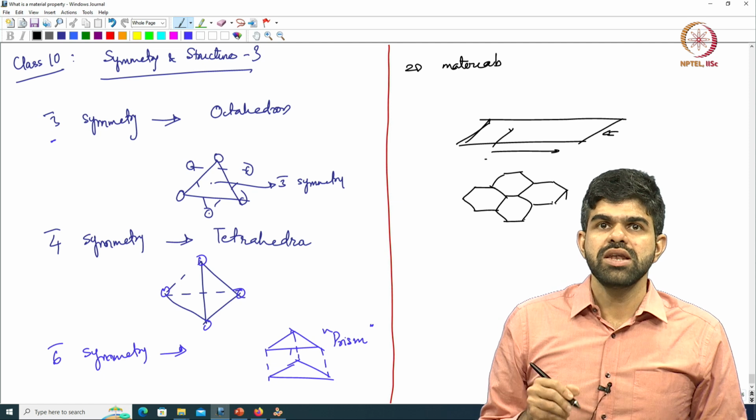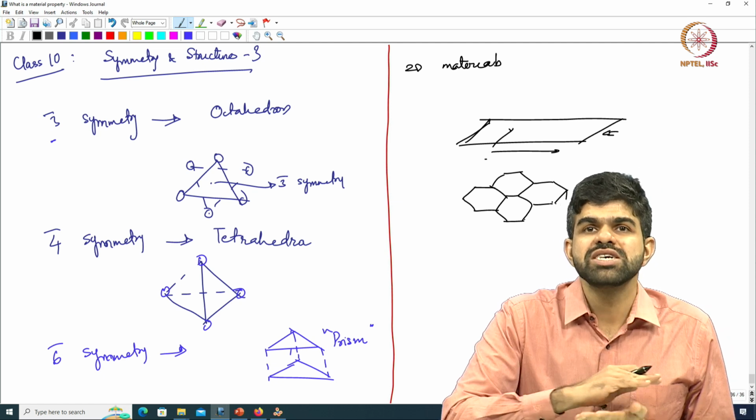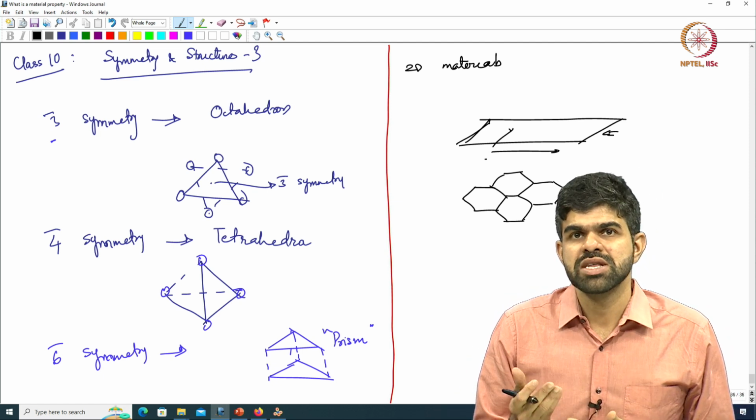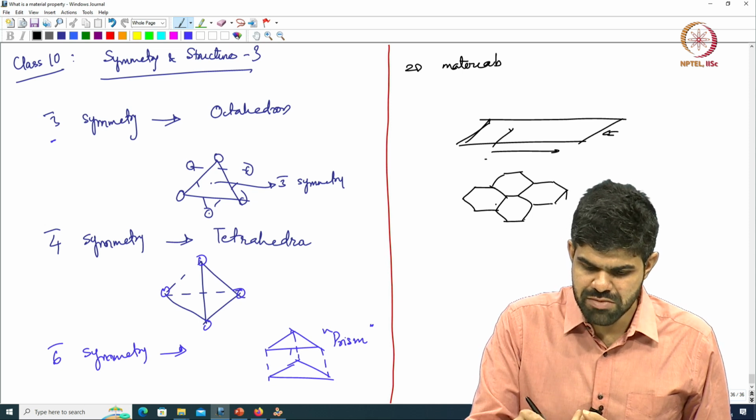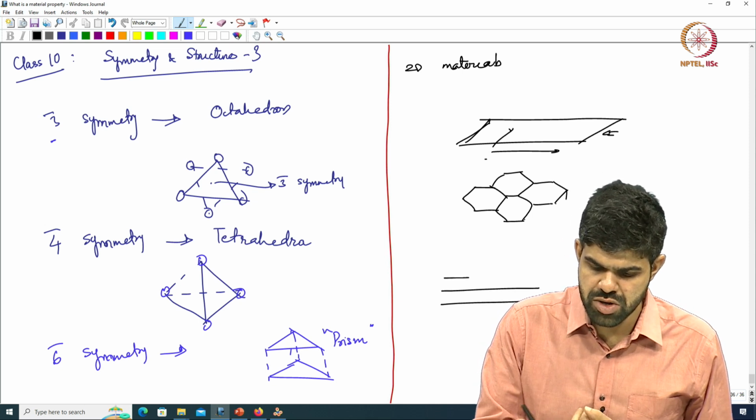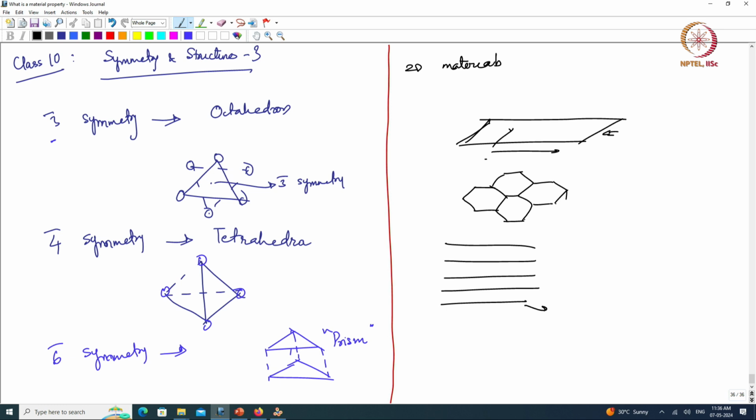Now, why can you make sheets of such materials? In general graphene can be made from graphite, and graphite is nothing but such sheets which are ordered on top of each other. So, this is a graphene sheet. This is also a graphene sheet. So, graphene sheets are piled up on top of each other, and this is the bulk structure of what is called graphite.